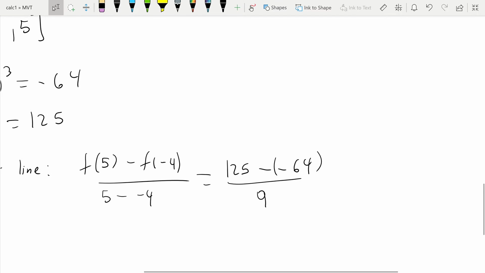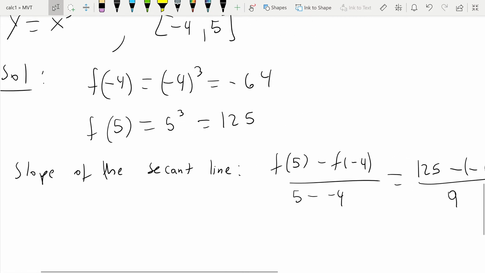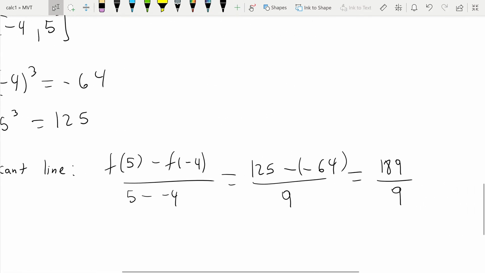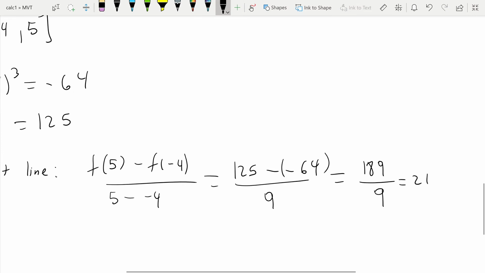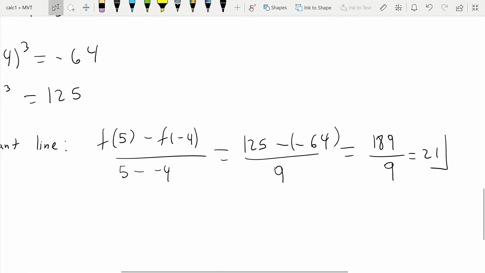And this is just equal to 189 divided by 9, which simplifies to 21. Okay, so this is our target. We're trying to look for a point where the derivative is equal to 21.